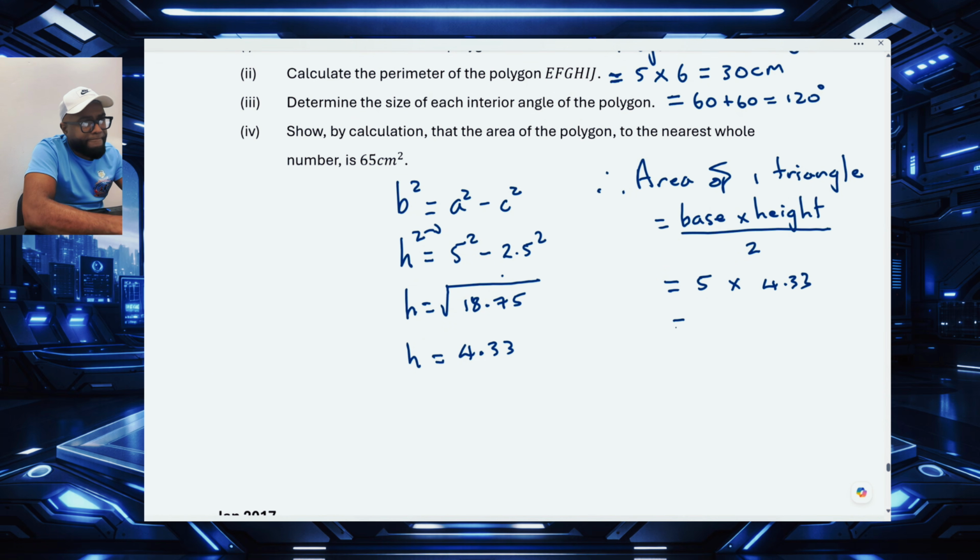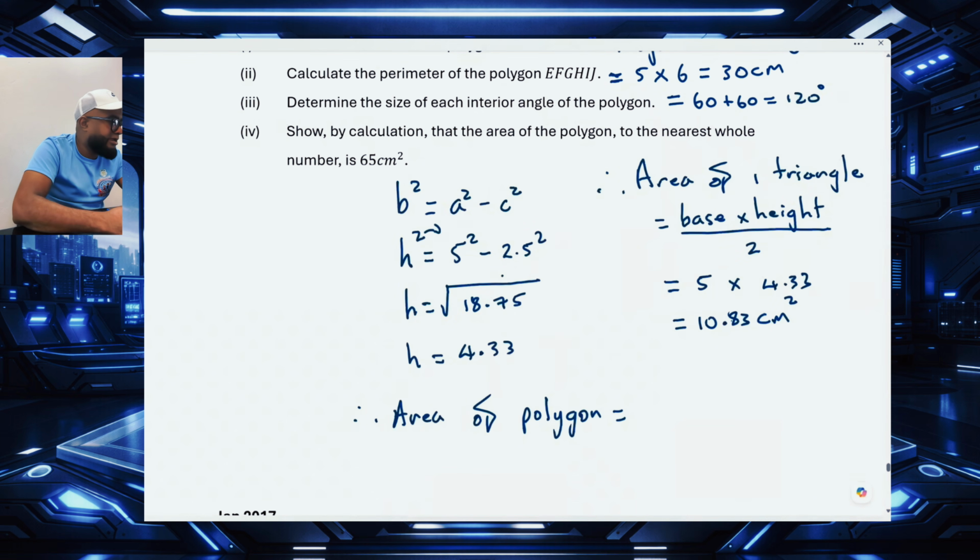And this will give me what? 10.83. Right? And this will be centimeters squared.